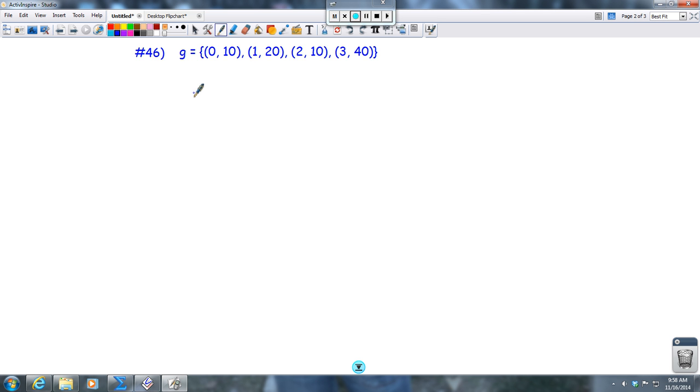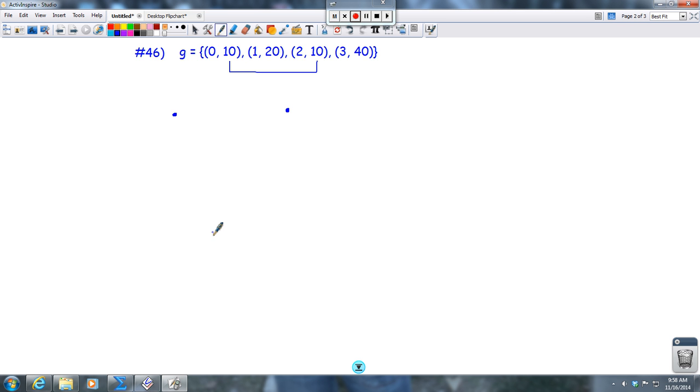Now you have to look and see, are all the y coordinates different? 10, 20, 10, and 40. You have these two guys right here that are the same. Since you have two y's that are the same, if you were to graph this, you would be going up the same amount, which is 10 on both sides, which means this graph would not pass the horizontal line test.